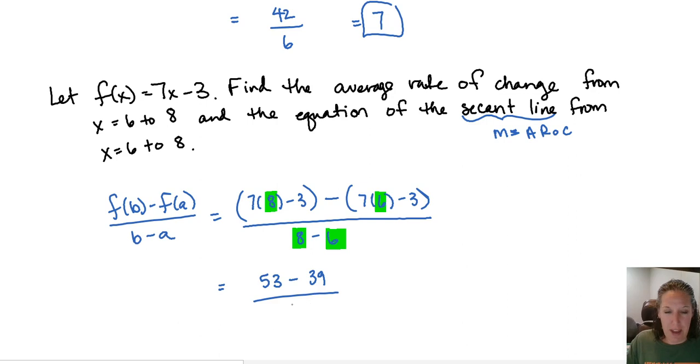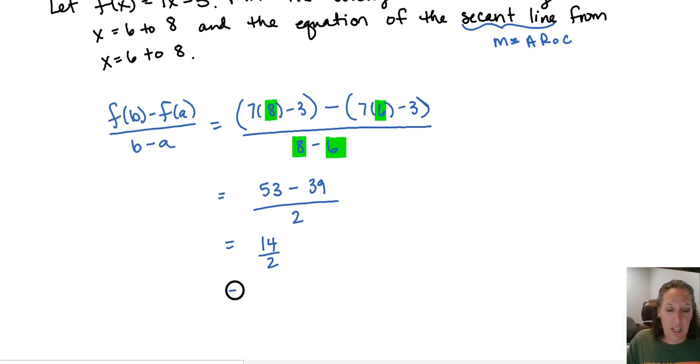Sorry, just double checking my math there. 8 minus 6 gives us a 2. So 53 minus 39, I don't want to make a mistake, even if it's simple arithmetic, is 14 over 2. So we get 7 is our average rate of change. That's going to be our slope value.